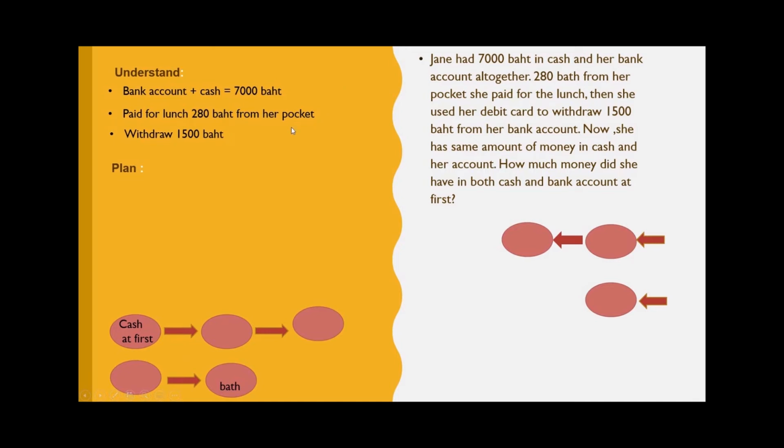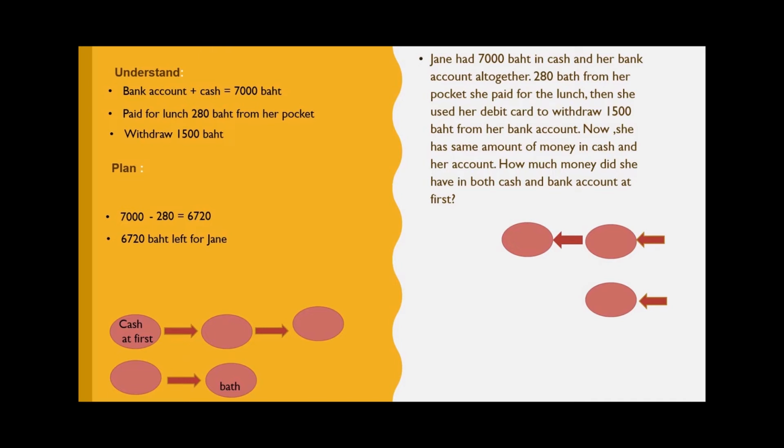So first, we subtract 280 from 7,000 that Jane had. 7,000 minus 280 is equal to 6,720. So we know Jane has 6,720 baht left after she paid for her lunch.